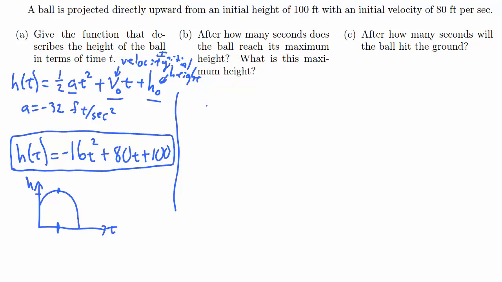Okay, so whenever we use negative b over 2a, well, negative b just means negative 80. 2a means 2 times negative 16. And so this is going to be negative 80 over negative 32. And negative over negative is positive.